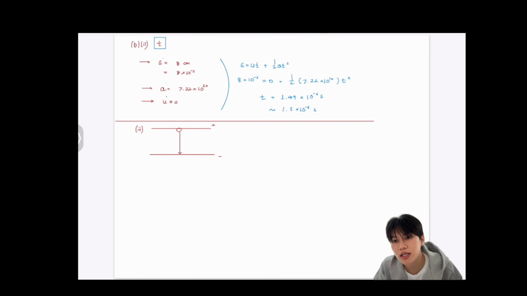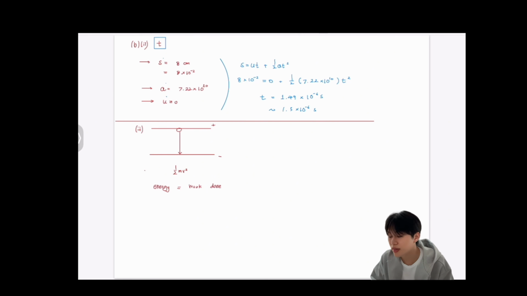Because they said kinetic energy, students might think, okay, I can use half mv squared. But I think the problem gets harder, and it can be solved in a simpler way, because the energy is actually the same as work done.